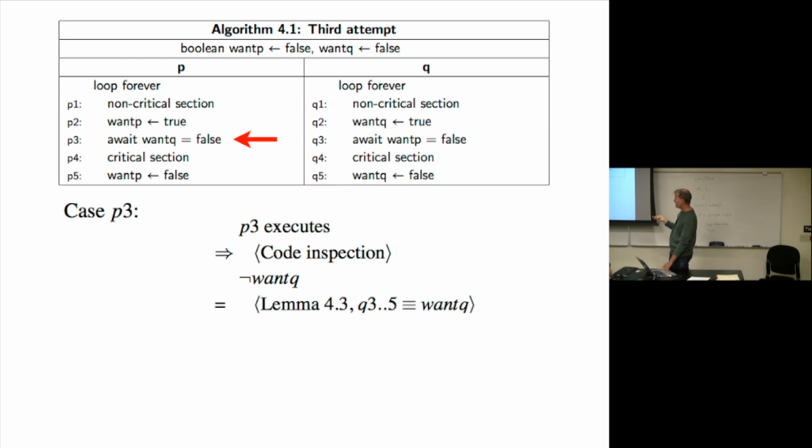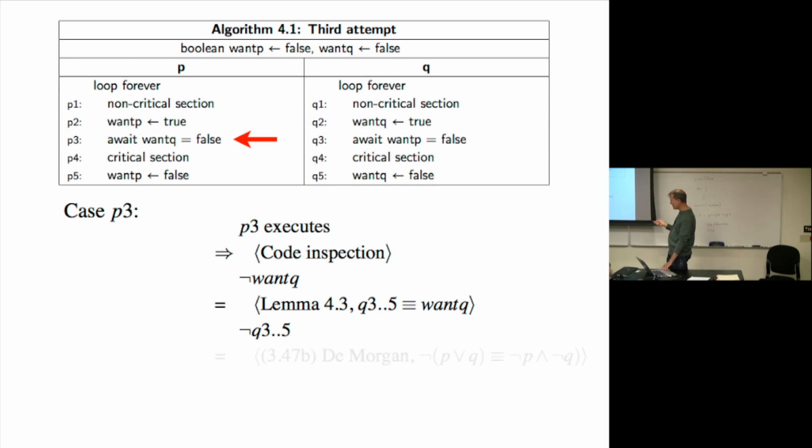Okay. But now, what about not want Q? By lemma 4.3, what did we say lemma 4.3 was? Want Q equals Q3.5. So what does this equal? Not Q3.5. Is everybody with me on this?